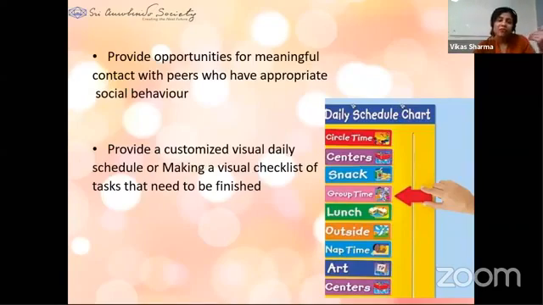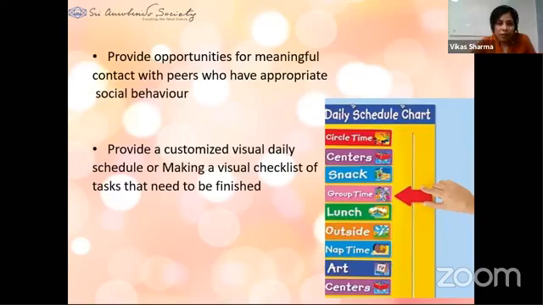But if I can visually see that, okay, first I have to go for prayer, then I have to go for my maths class, thereafter I will be going for my snack time. So basically, what we are trying to do here is give visual feedback to the child, so that the child is consciously prepared that after this activity, I am completely prepared for the next activity.